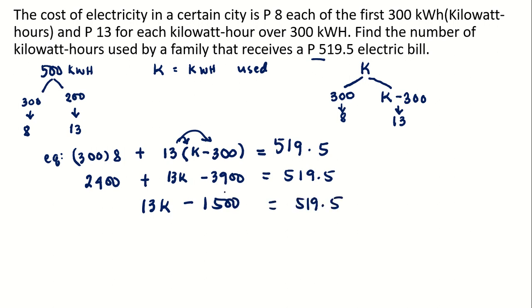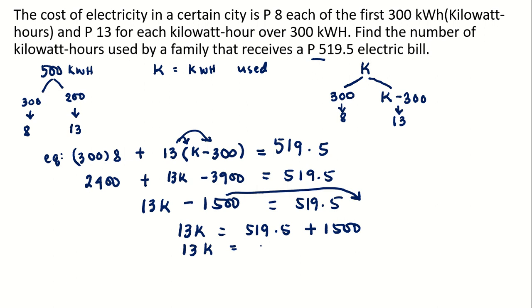We will transpose 1,500, that is 13K is equal to 519.5 plus 1,500. So 13K is equal to 2,019.5.